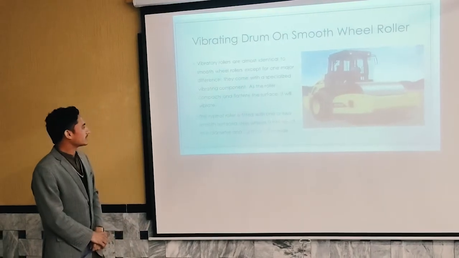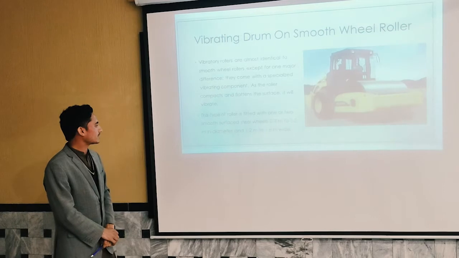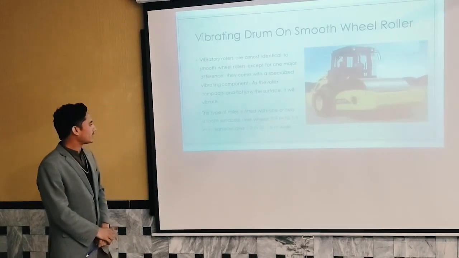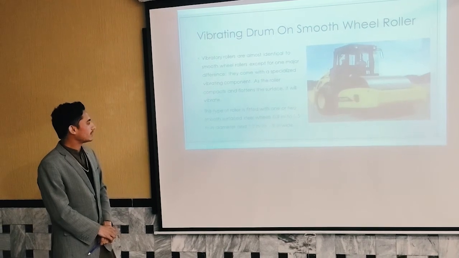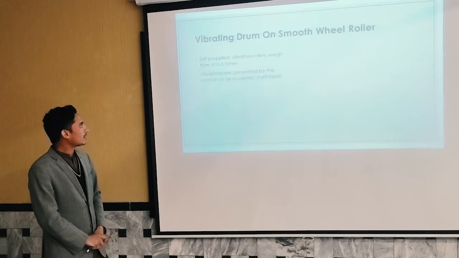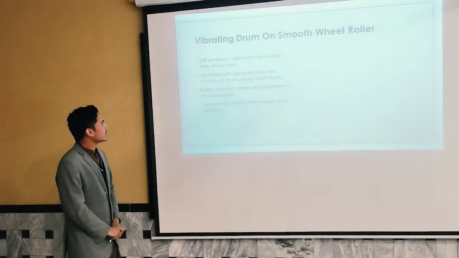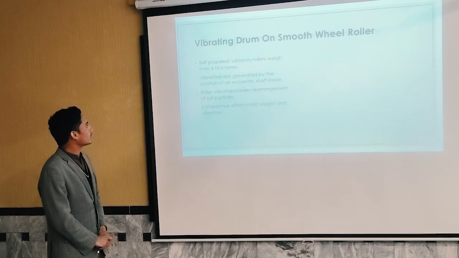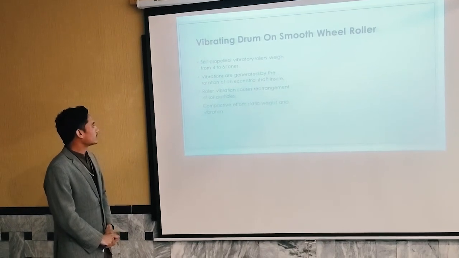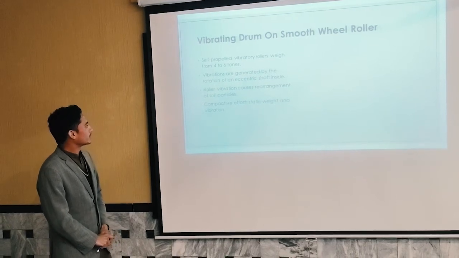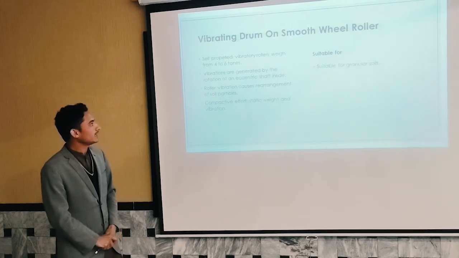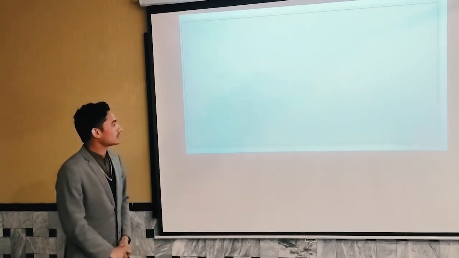This type of roller is fitted with one or more smooth surface steel wheels, 0.9 meter to 1.5 meter in diameter and 1.2 to 1.8 meter wide. Self-propelled vibratory roller weighs from 4 to 6 tons. Roller vibration causes rearrangement of the soil particles, combining compactive effort, static weight, and vibrations. Suitable for granular soils.